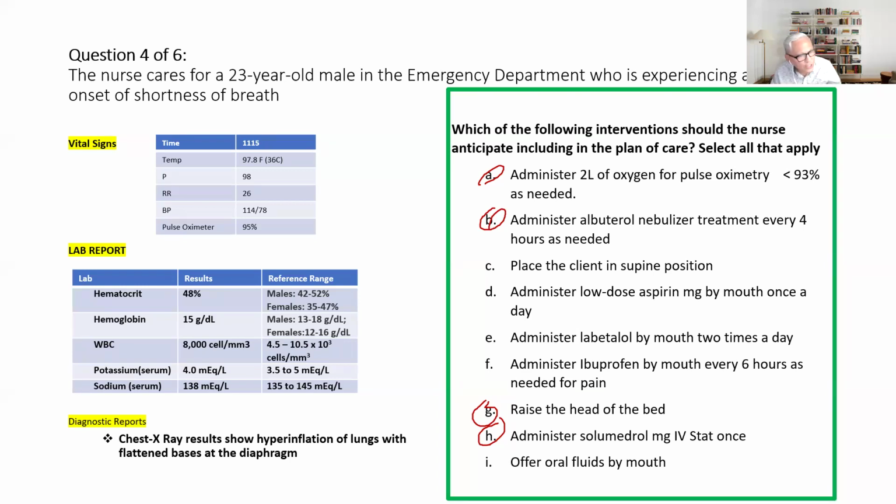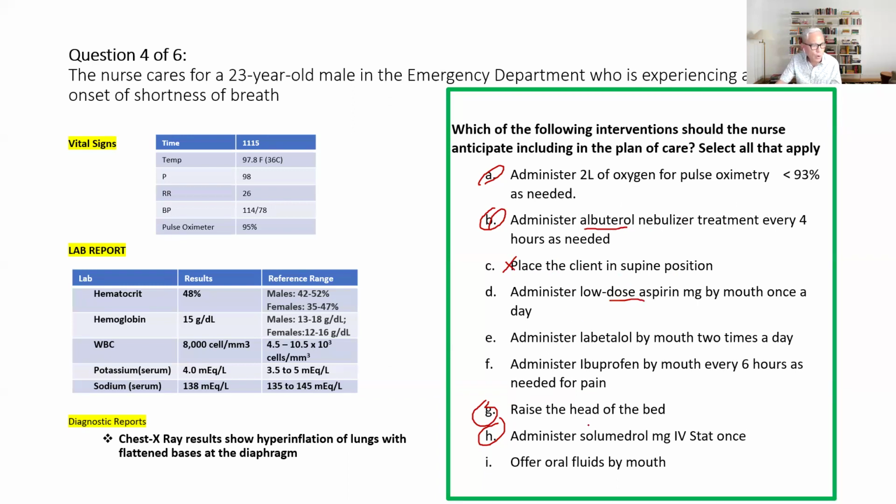All right, let's take a look at the correct responses. Giving oxygen is going to be okay, and giving albuterol is going to be okay as well, because this is going to be a beta agonist. Placing the patient in a supine position is not correct because this will worsen the symptoms of the patient.